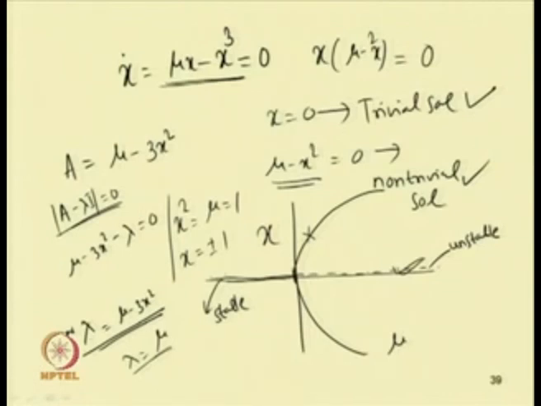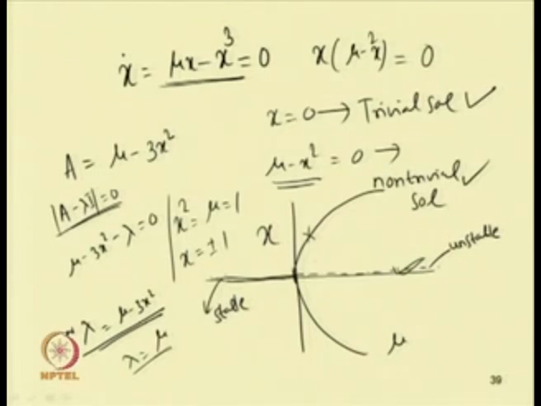Then lambda becomes, for mu we have 1, minus 3 x square, so 3 into 1 square. So, this becomes 1 minus 3, which is negative. As it becomes negative, this is a stable branch. Similarly, this is also a stable branch.